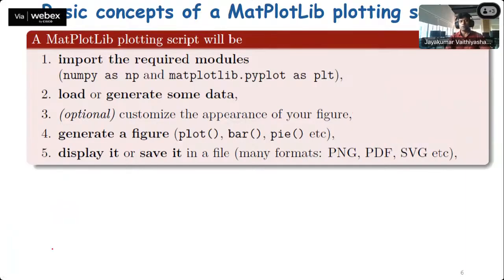The last one, you can display then and there itself. If you want to display your result for yourself, to the examiner, to the supervisor, you can display on the spot, or you can save for later purpose. For later purpose, you can save in a file. So what I suggest, you go for display first, then check your output.